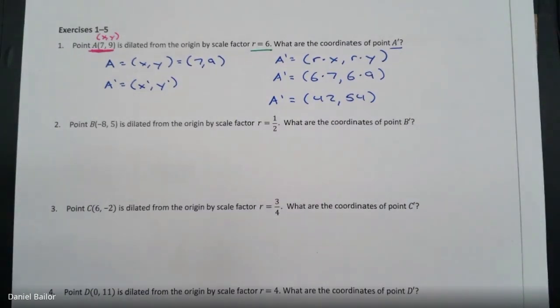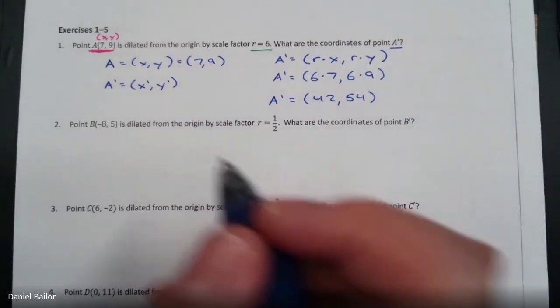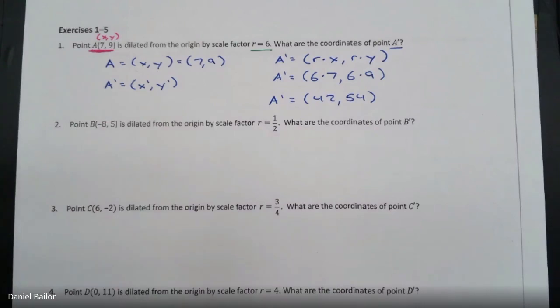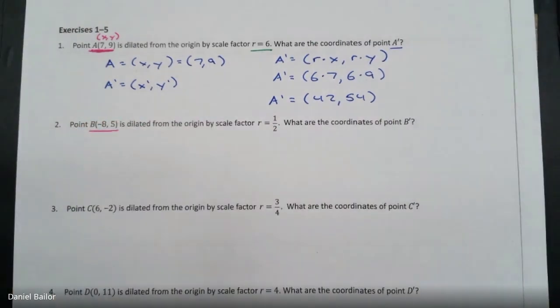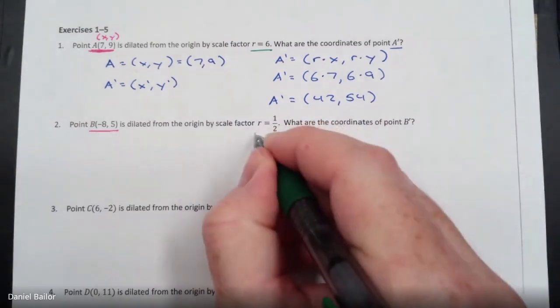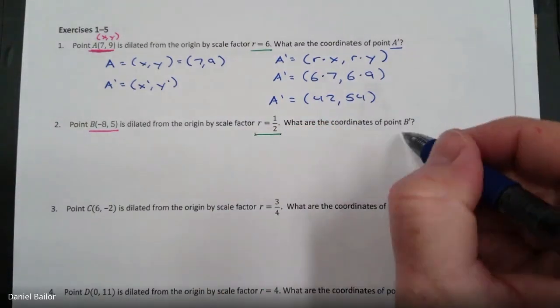Let's do another one, this time with a scale factor of 1/2, a fraction one. This time we have point B, which is -8, 5, dilated from the origin by a scale factor of R equals 1/2. And we need to find B prime.